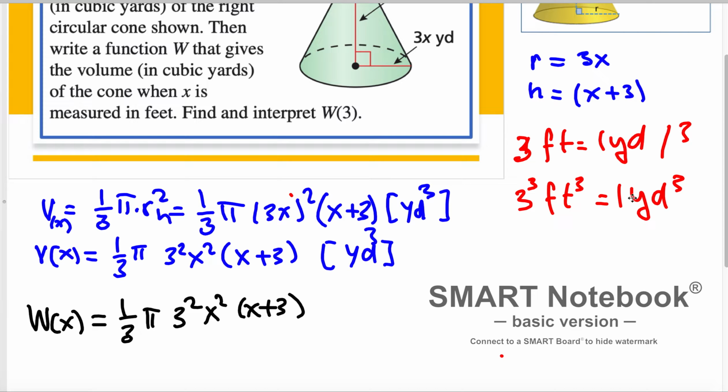And now, instead of 1 cubic yard, I'm going to plug in 3 cubed cubic feet. So now we have converted into cubic feet.